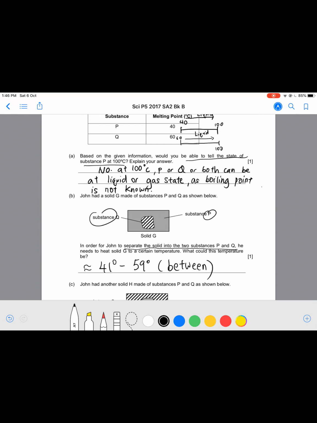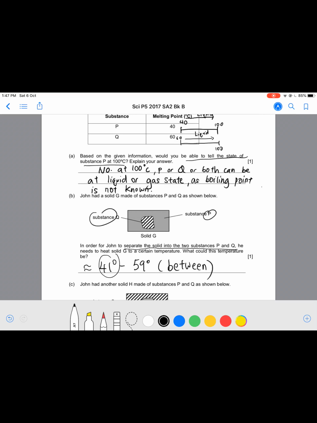Now the reason why it has to fall between 41 to 59, okay, is because this happens to be when it is, for example, at 41, P will have already melted, but Q has not. Because the difference in state will allow you to separate them faster, right? For example, one is already a liquid, the other one is still in solid form. You can remove the liquid easily.